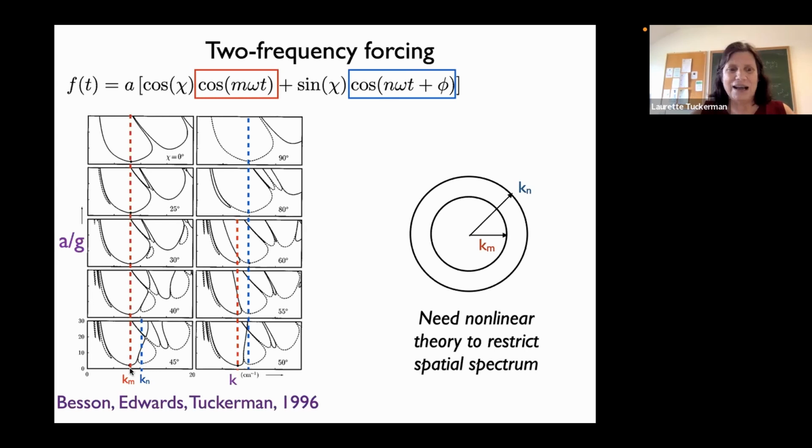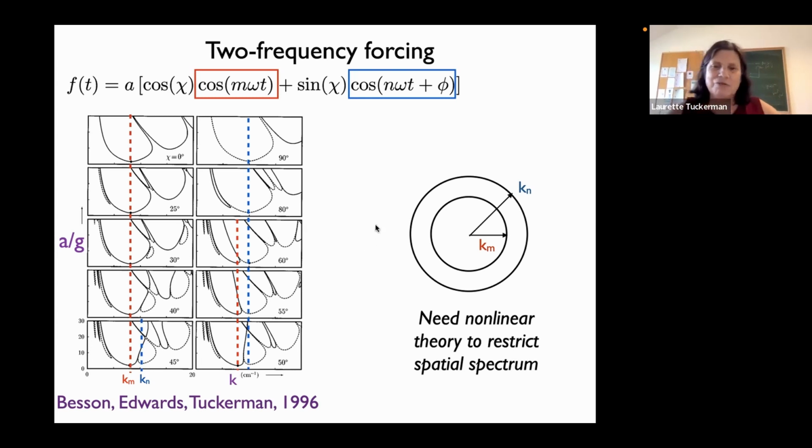It's very exotic. So you're mixing. And here you have what's called a bicritical point, where both of these wave numbers are excited simultaneously. Okay, and then the extraneous ones just move up and go away. So you have two wave numbers, Km and Kn, that live on two different circles.